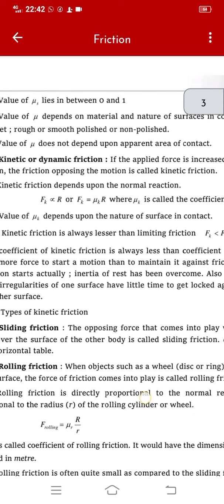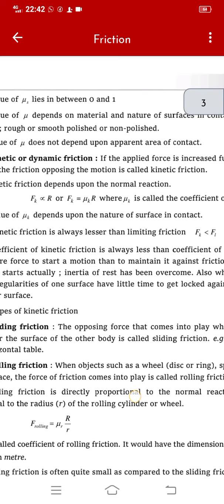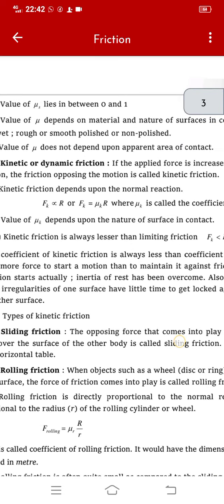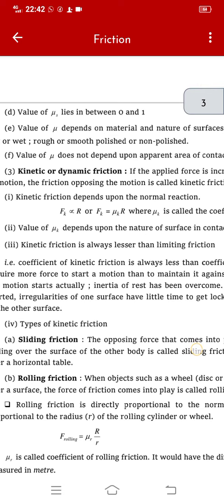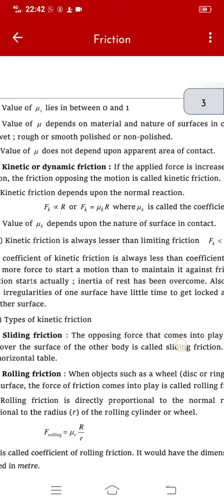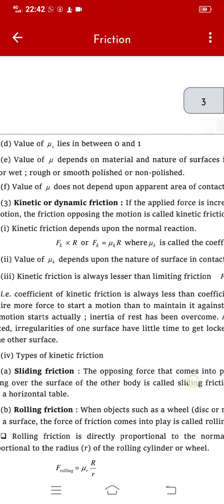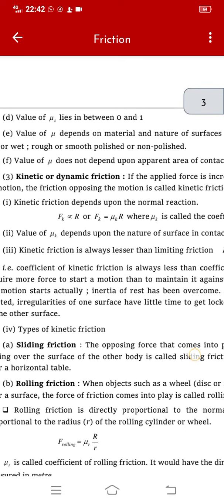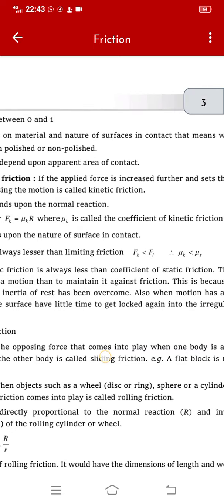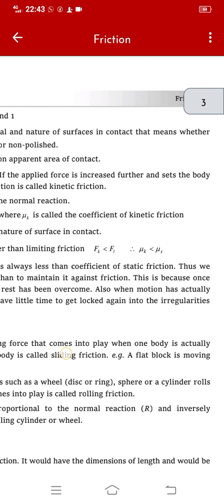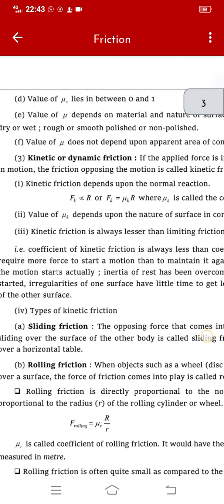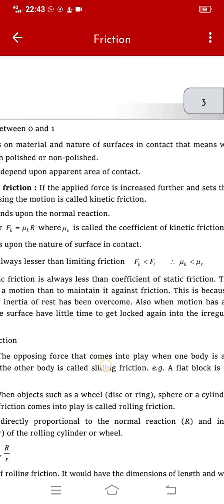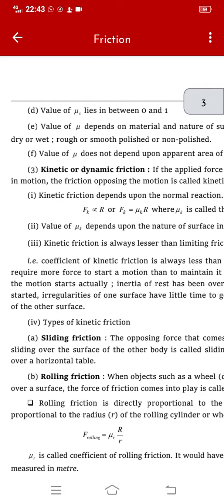The frictional force opposes the motion. This kinetic force depends on the normal reaction, and Fk equals mu k times R, where mu k is called the coefficient of kinetic or dynamic friction, whose value depends on the nature of the surfaces in contact.